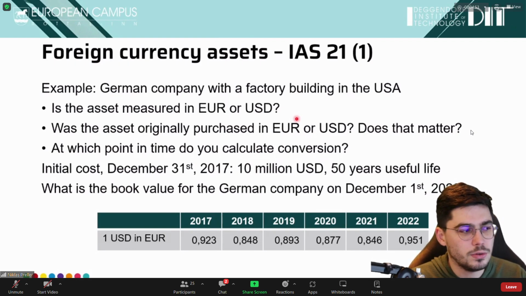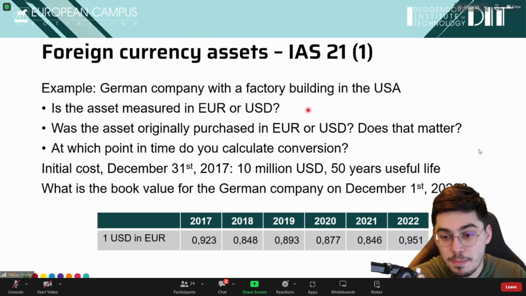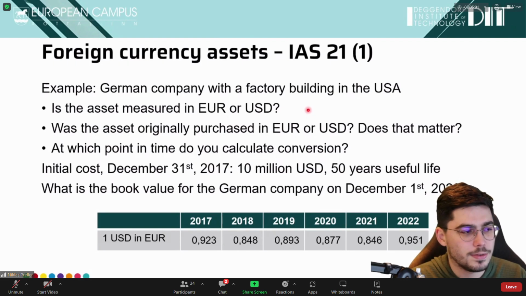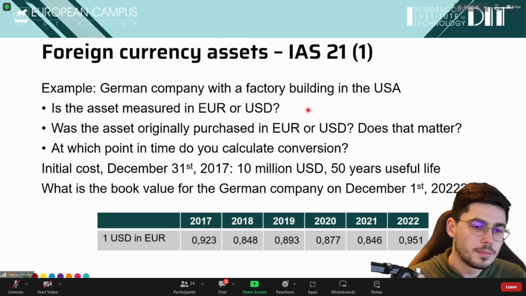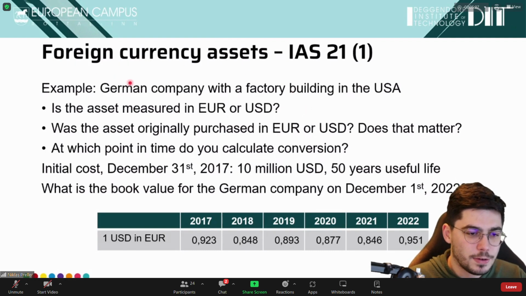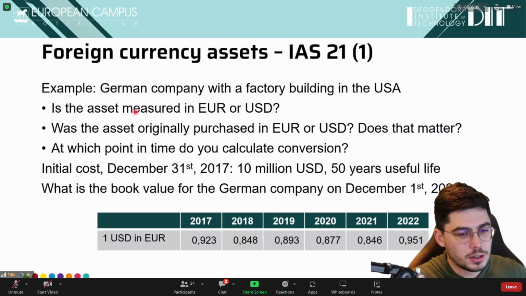So they do most of their business in US dollar, and there might be a distinction where they use the dollar as functional currency. But we have a German company, so our functional currency is the euro.